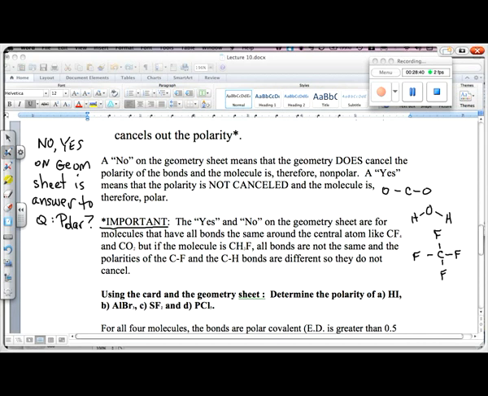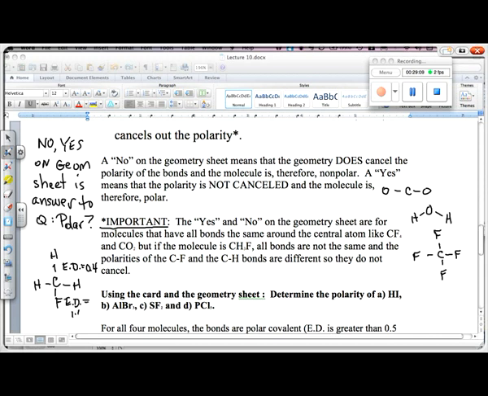However, if you end up with something like CH3F, then you have three carbon hydrogens and a carbon fluorine. The electronegativity difference between the carbons and hydrogens is 0.4, so right on, it's nonpolar. Carbon fluorine, on the other hand, is 4 minus 2.5, so it's 1.5.